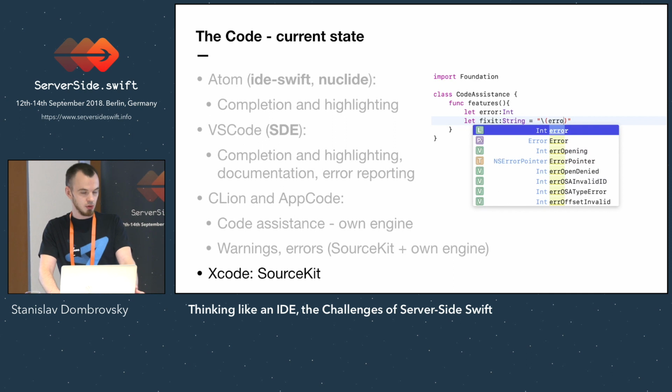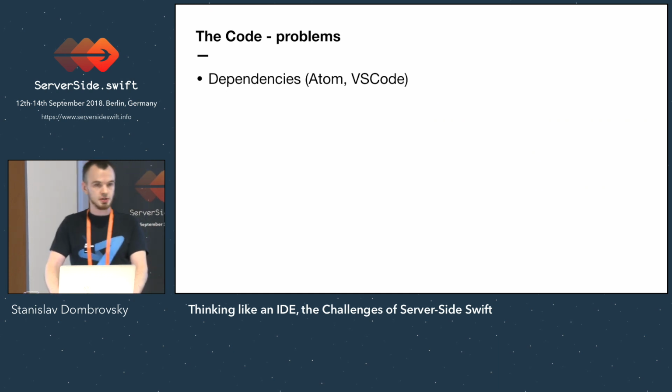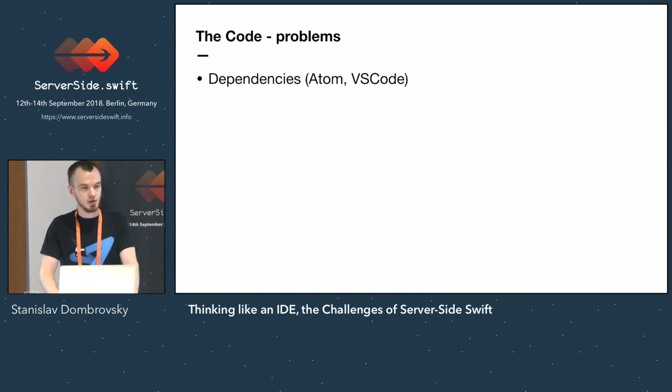We have several problems I also investigated when preparing this talk. First is the problem with dependencies. If you take a look at integrations working directly with the Swift package manager projects, such as integrations in Atom and VS Code that use the SourceKit for building the code assistance, we have problems with dependencies.